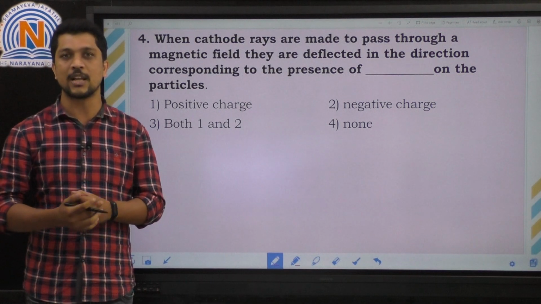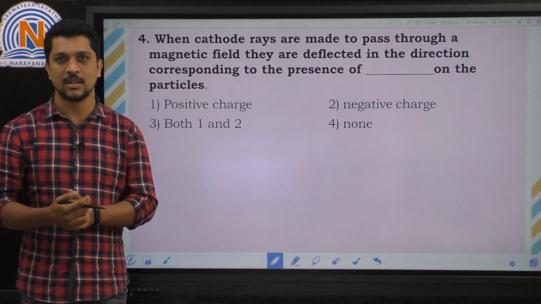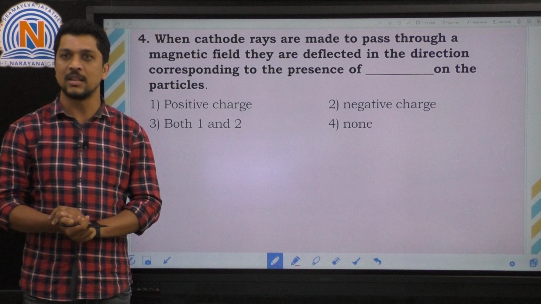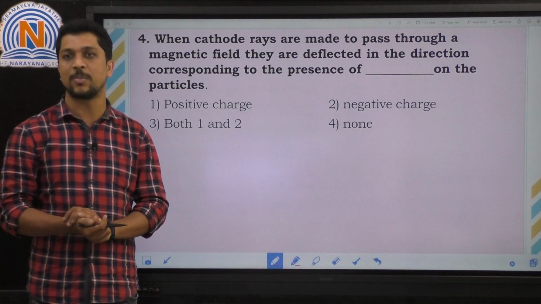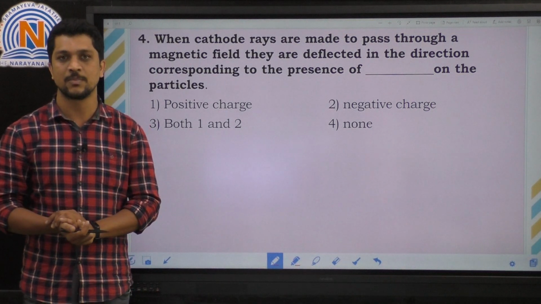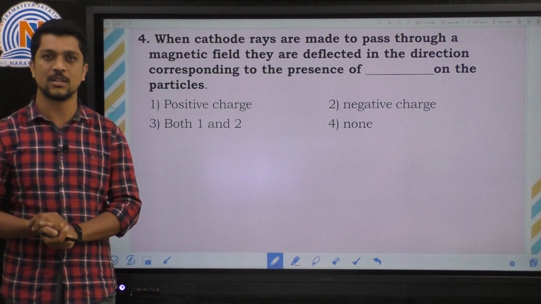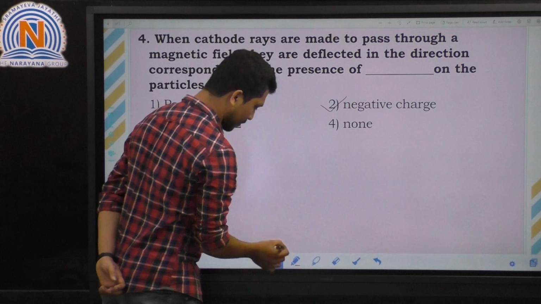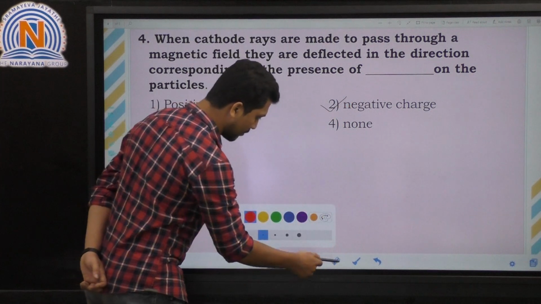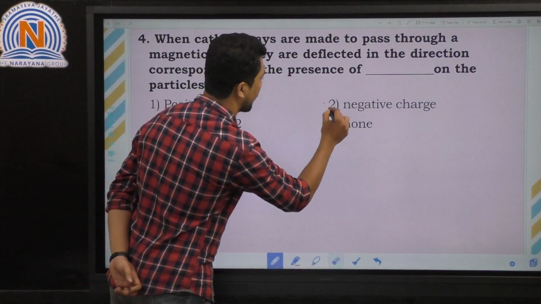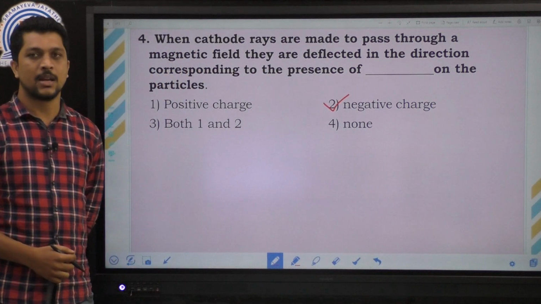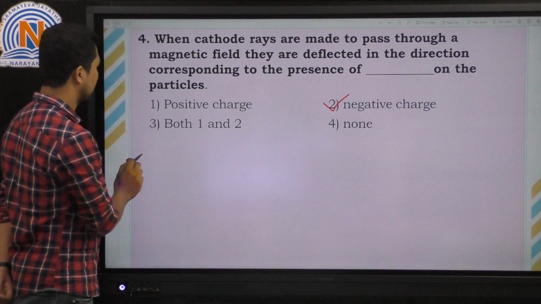So we know that cathode rays are generally negatively charged, right? So when cathode rays are made to pass through a magnetic field, they are deflected in direction corresponding to the presence of negative charge. So the correct option is second option, negative charge. Clear? Let's move on to the next question.